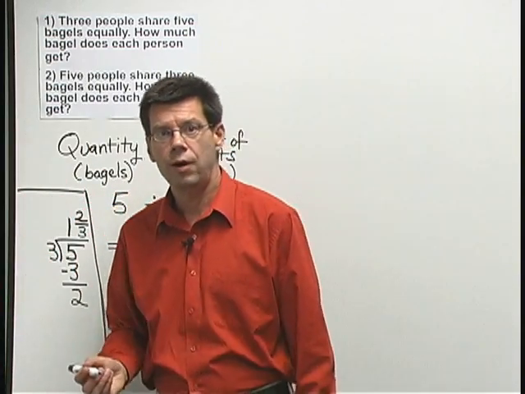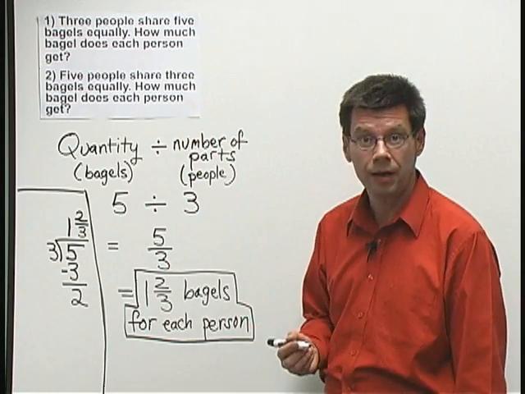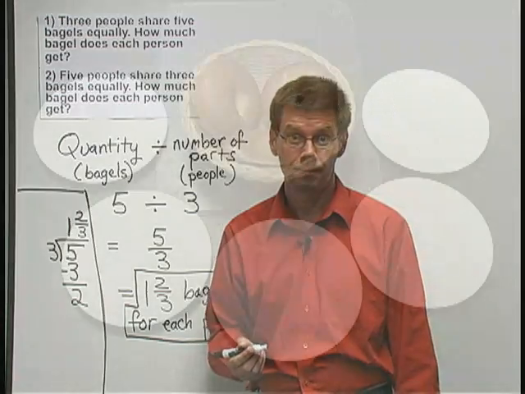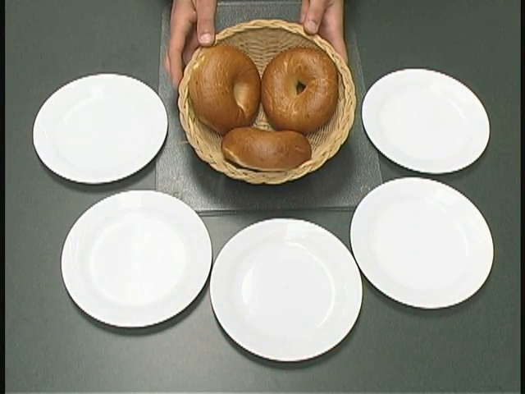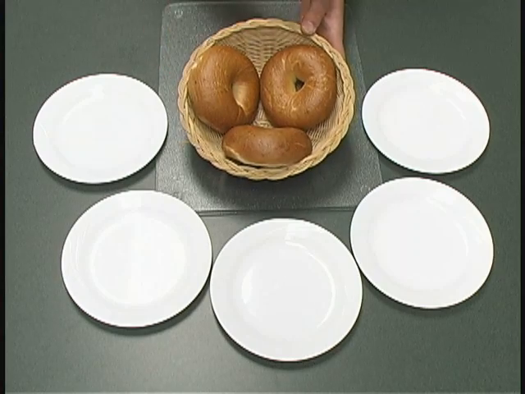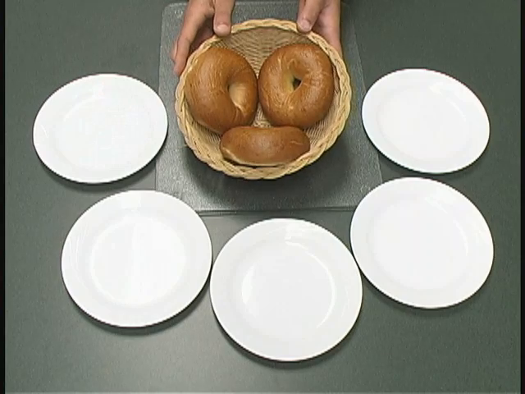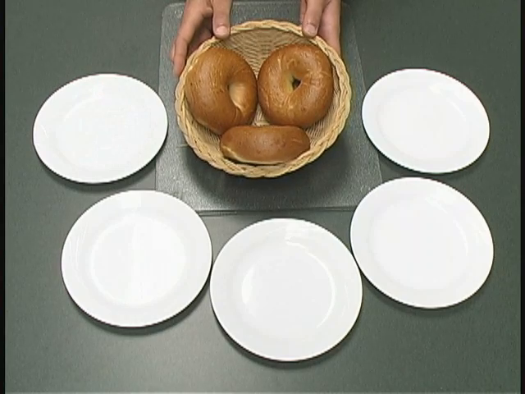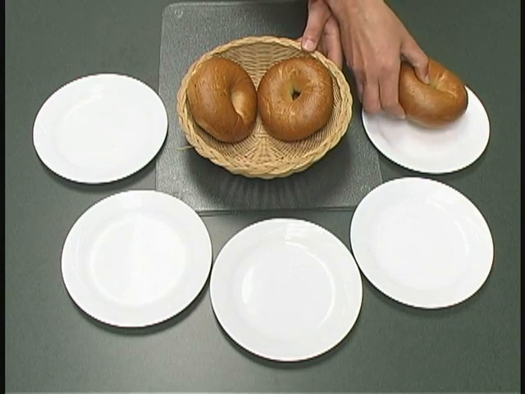Now let's try to solve number 2, the second problem, by cutting up some bagels. Here we have 3 bagels to be shared equally by 5 people. The 5 plates represent the 5 people. Now, I certainly cannot give an entire bagel to one person.